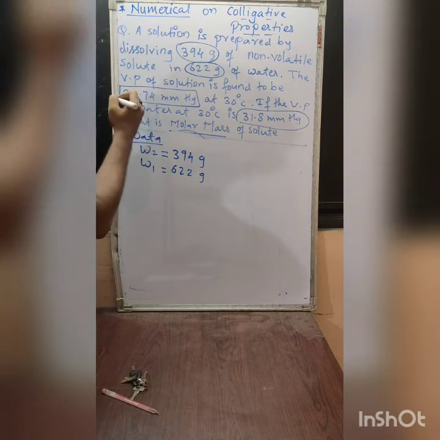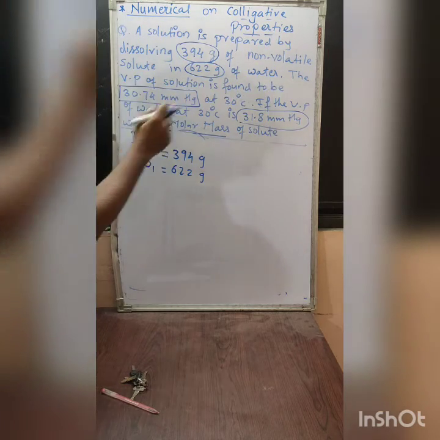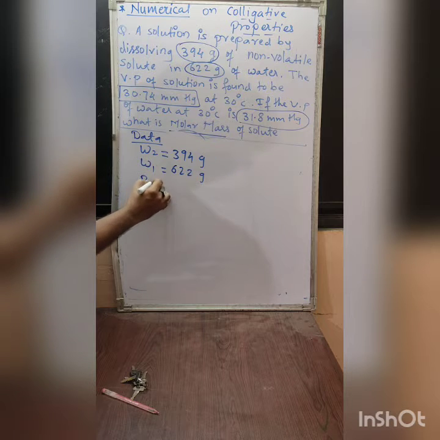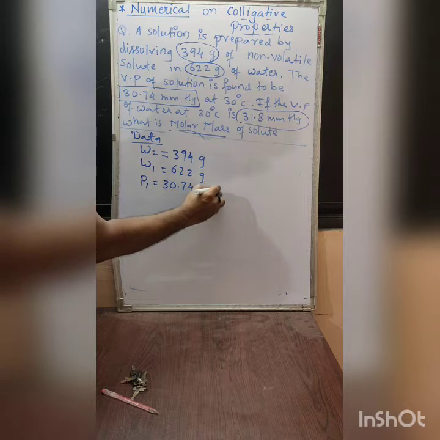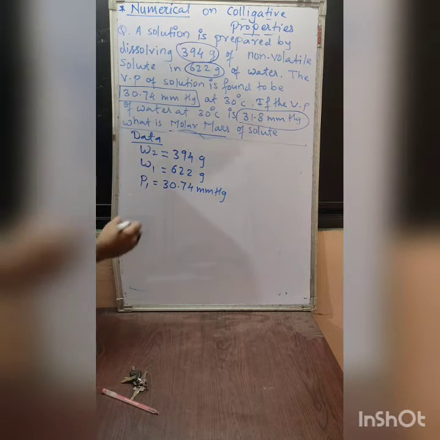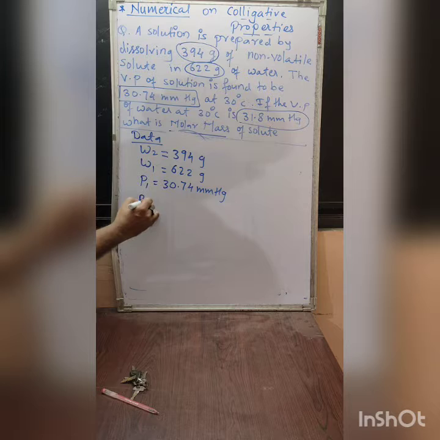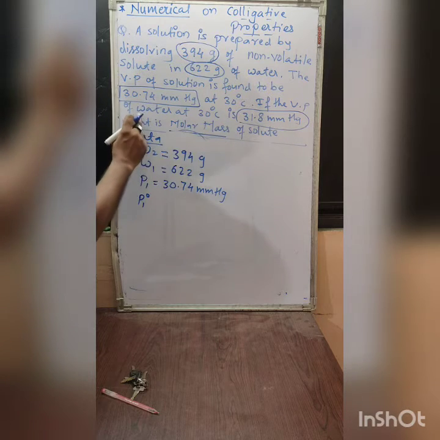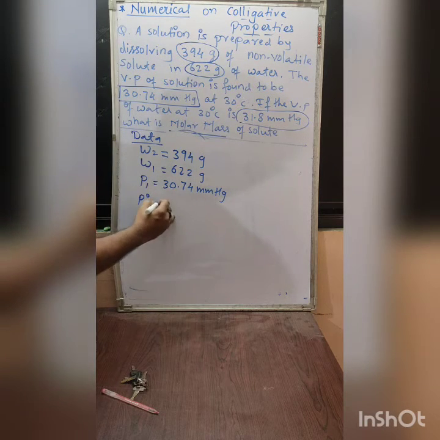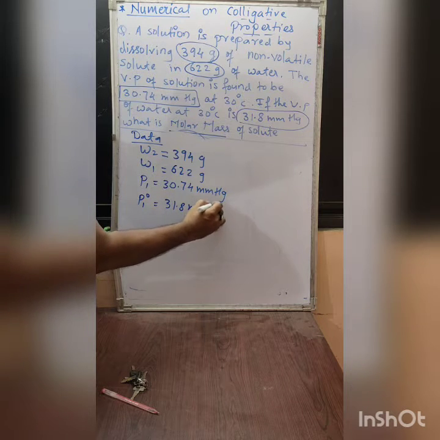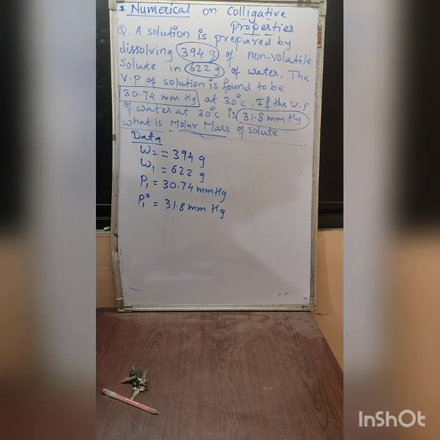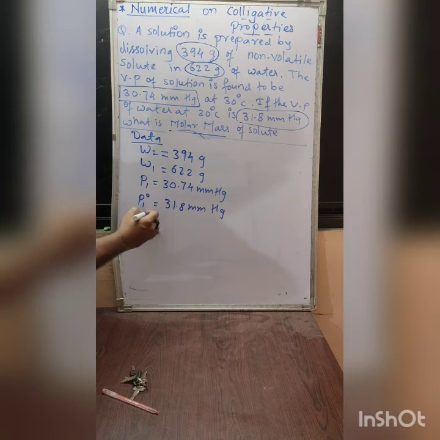Next, the vapor pressure of the solution, P1, is equal to 30.74 millimeter Hg, and P1⁰, the vapor pressure of the solvent, that is water, is equal to 31.8 millimeter Hg. In the numerical it is asked to find the molar mass of the solid, that is M2.